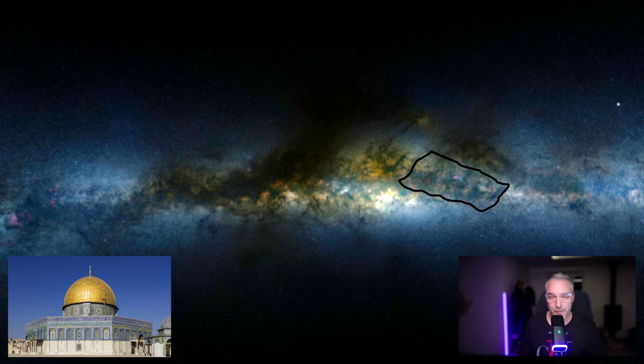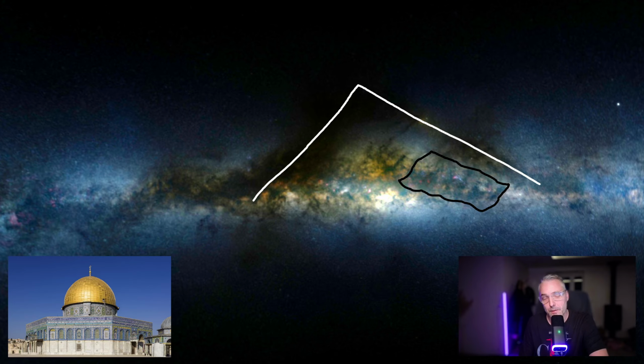You have heard that before, the rock, or the black stone, or dark stone, or cornerstone, or foundation stone, and so on and so forth. The reason why it's called a cornerstone is because the stone is placed in the corner of the Milky Way angle here, the pyramid. So that's why it's the cornerstone, because it's in the corner of the Milky Way.